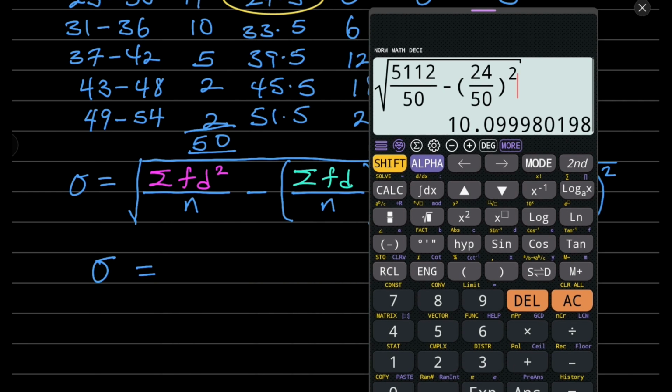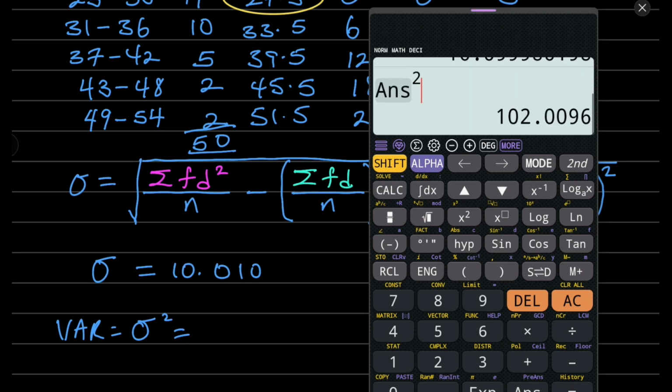So we've got now standard deviation 10.010 to 3 decimal places. And of course, your variance would be your standard deviation squared, and you can just square our final answer to get 2.010 to 3 decimal places.